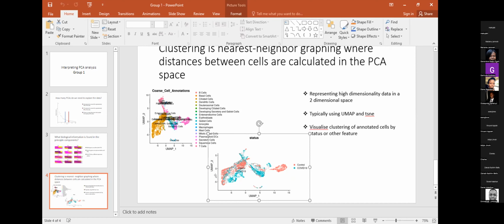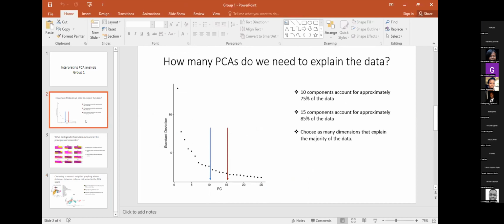But in places where you see only the blue or the pink, those particular cells vary with regard to the control and the COVID patients. Yes, so that's what we did.